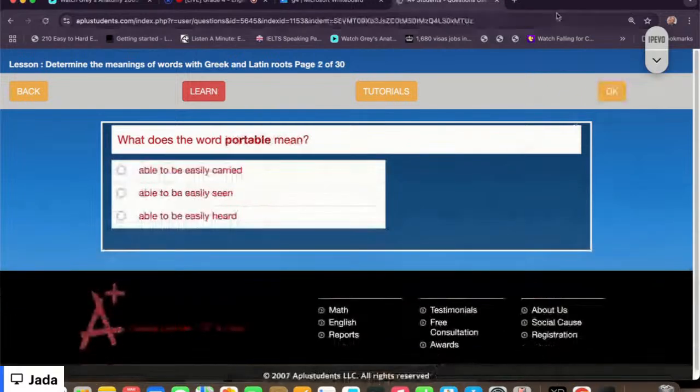So what does the word portable mean? Able to be easily carried, able to be easily seen, able to be easily heard.